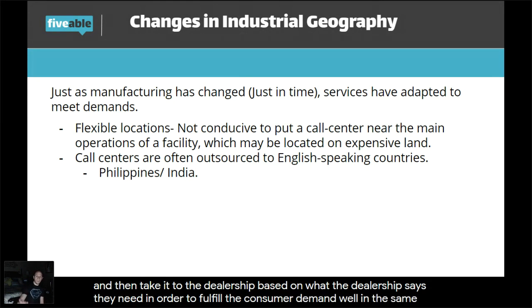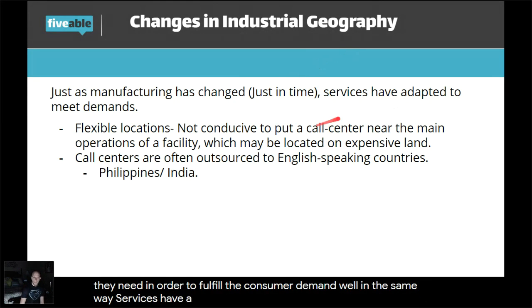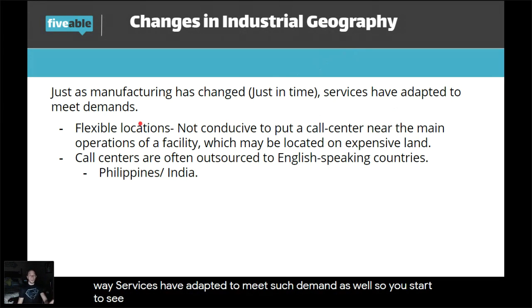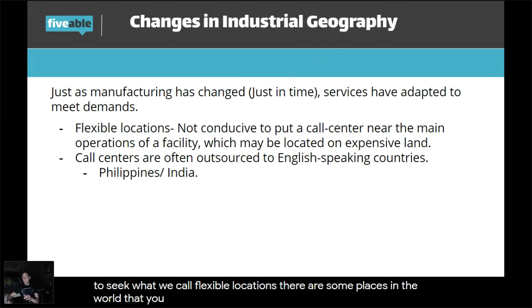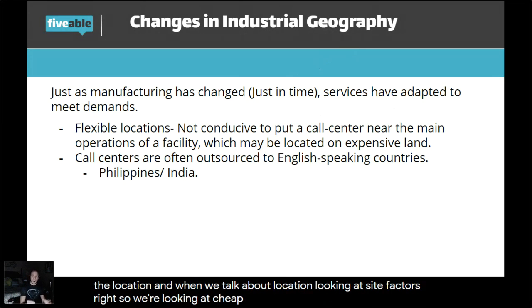In the same way, services have adapted to meet such demands as well. So you start to see what we call flexible locations. There are some places in the world where you can locate something that's going to be cheap due to the location. And when we talk about location, we're looking at site factors, right? So you're looking at cheap land and also maybe cheap labor.